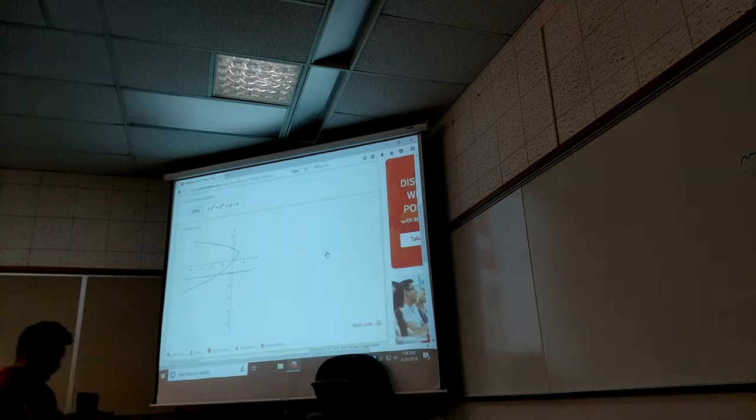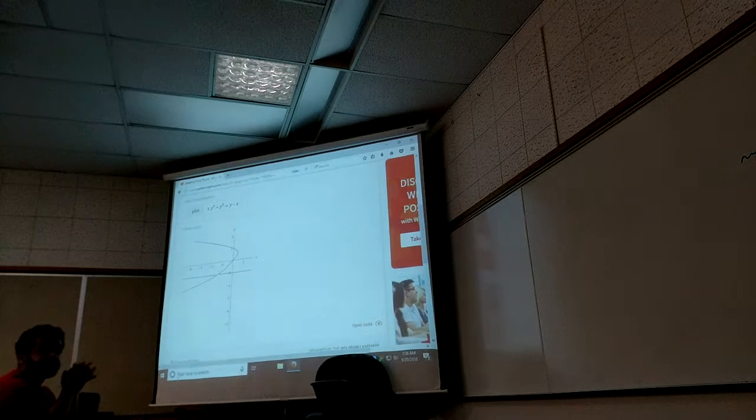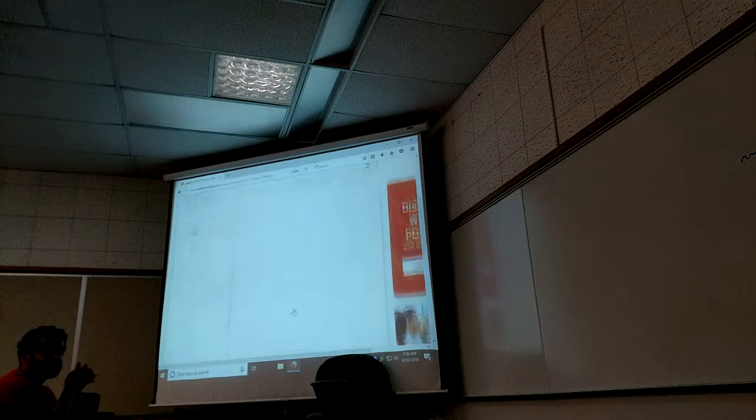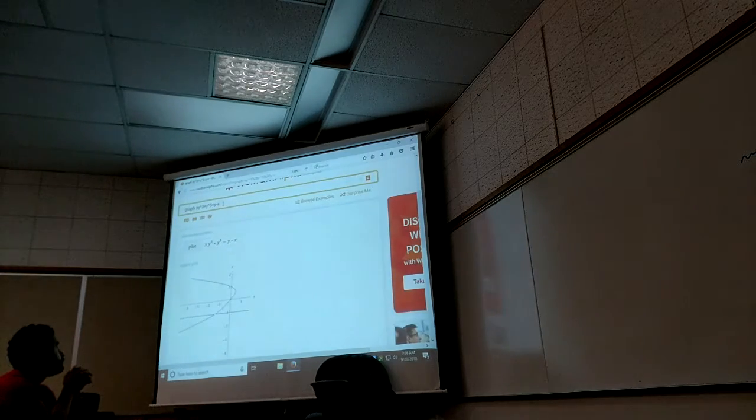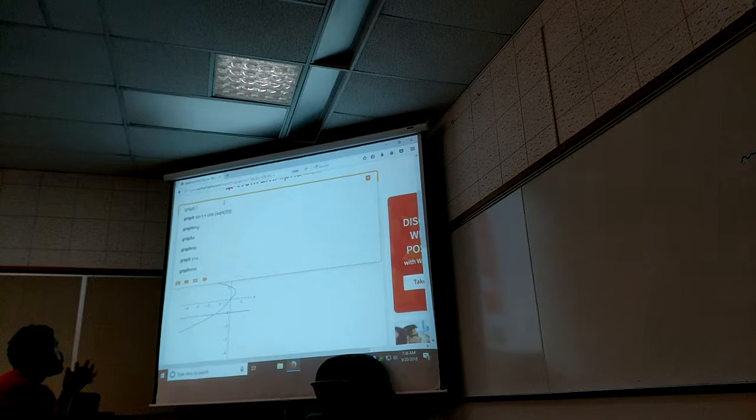Wolfram Alpha, you don't have to pay any money to be able to graph things like this. That's one of the main ones to go to do these funky implicit things. If you just start playing with this, it gets a little interesting.